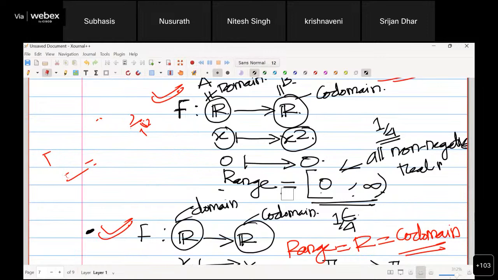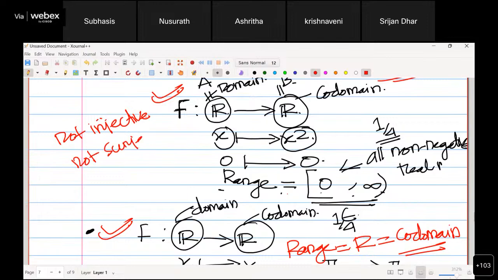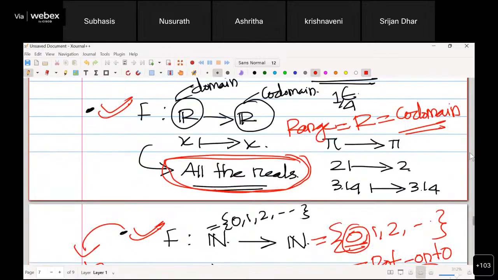This is not injective. It's not injective, sir. Most importantly, this is not injective and also not surjective. This is not injective, this is not surjective.